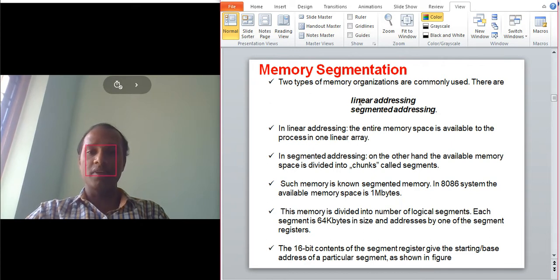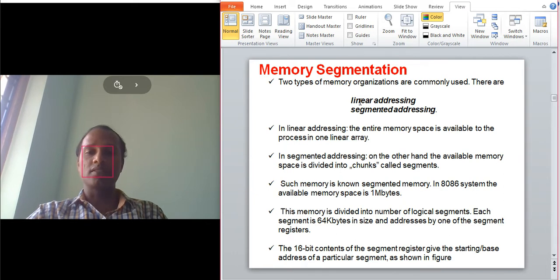In 8086 we have a total of 1 MB of memory, available with the help of the 20-bit address bus. The 8086 microprocessor has a 20-bit address bus, so we have 2 power 20 combinations. 2 power 20 is 2 power 10 into 2 power 10. 2 power 10 is 1k, that is 1024, and the other 2 power 10 is again 1k. 1k into 1k is 1 MB.